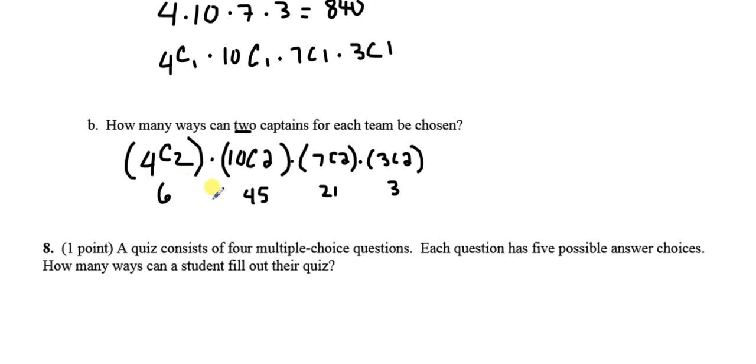And then you multiply these together, because we're going to have 2 captains from each sport. So 2 captains and 2 captains and 2 captains and 2 captains. I'm enunciating 'and' because when you use the word and, it's multiply. So 6 times 45 times 21 times 3 is 17,010.